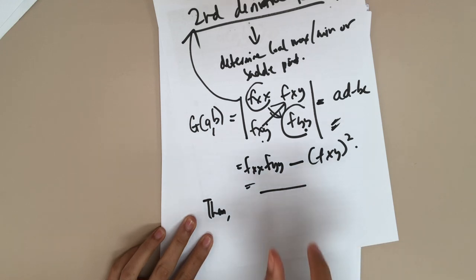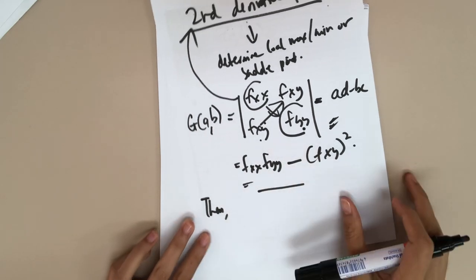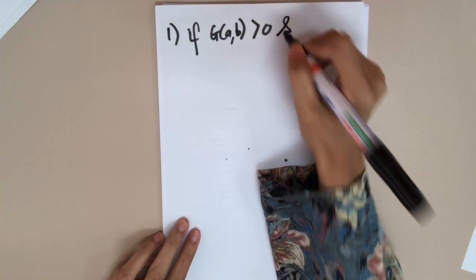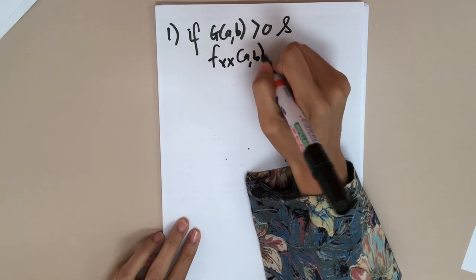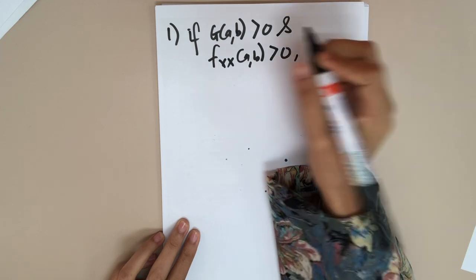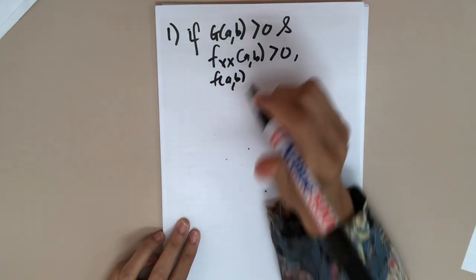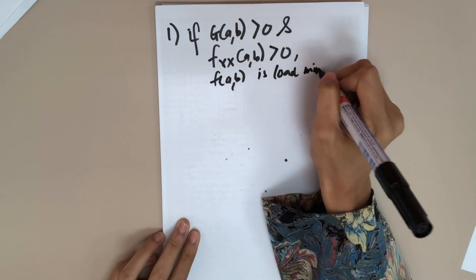If G(a,b) is greater than 0 and fxx(a,b) is also greater than 0, therefore f(a,b), which is your critical point, is a local minimum.